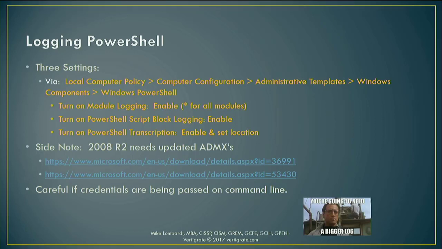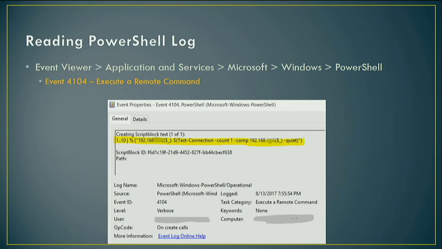But if you do want to turn on PowerShell logging, you've got to at least have your domain upgraded to really 2016, but who's at that point yet, right? So these new ADMXs will give you the additional GPO switches so that you can turn on your PowerShell module and transcription in your script block. And some of this is right here.